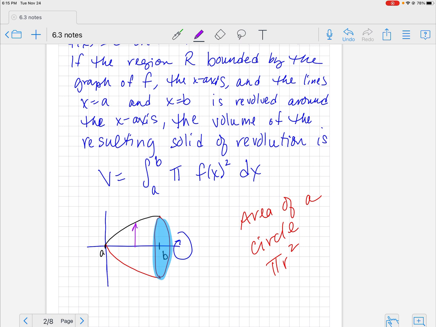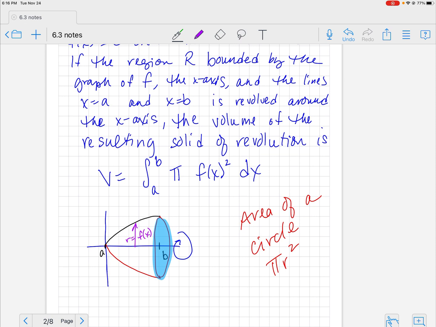Here's the reason why I have f of x squared in terms of my radius: because my radius here is going to be my function. My radius down here close to A is not going to be as big as my radius out here close to B, just because of how my function is. So I can't have a set radius. This circle is going to be bigger than this circle down here.